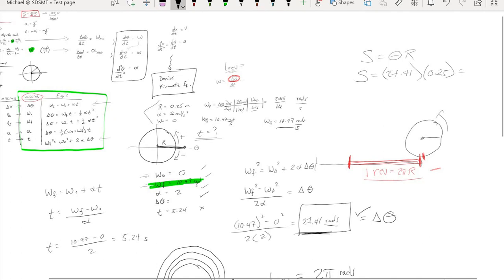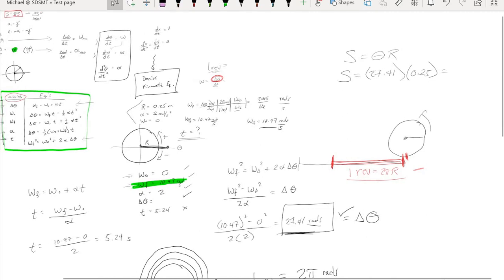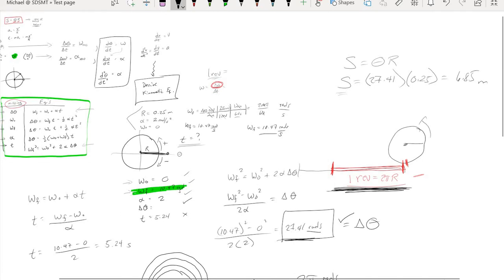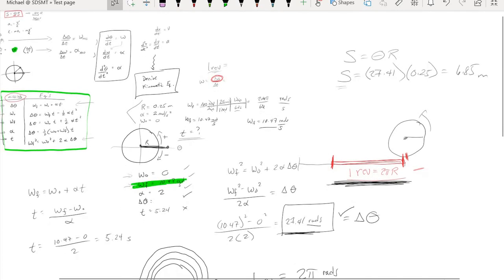Together, that's going to give us 27.41 times 0.25 is 6.85 units. Need some units. Well, what should the distance be measured in? That physical distance should be measured in meters, but there's a slight problem.